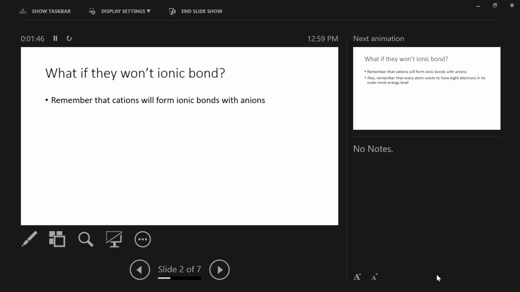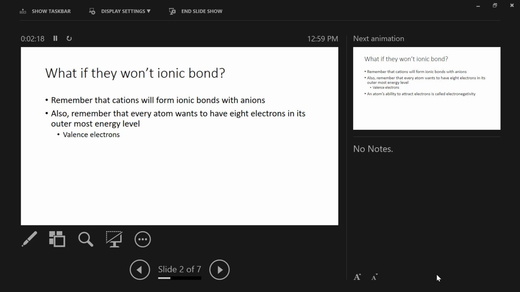So you need to remember that cations will form ionic bonds with anions. You need to remember this. But of course you will, because this is probably the fourth time you've written this down from a slide. You also need to remember what every atom wants. And what is it that every atom wants?